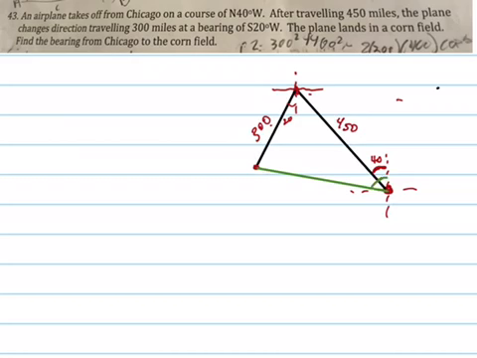So we're going to have to solve for this triangle and then add 40 to the angle that we get inside here to get the bearing. And so our bearing is going to be north, west. Do they want the distance too? No, they just want the bearing.